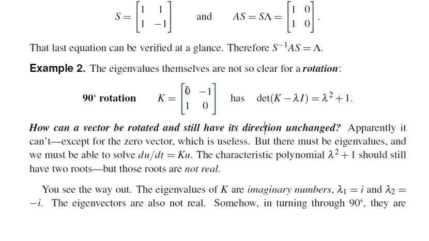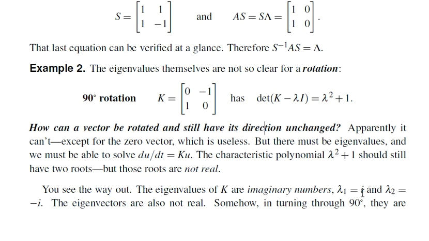So when we write A minus lambda I, it would be 0 minus lambda, 0 minus lambda. When we find its eigenvalues, it would be lambda square plus 1. Hence our roots would be plus or minus root of minus 1, and the root of minus 1 is plus or minus i.